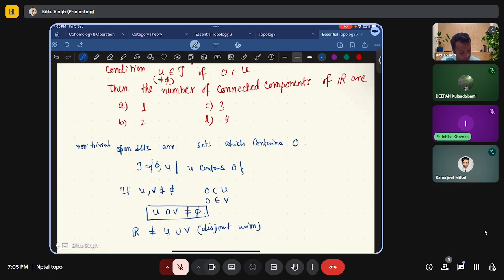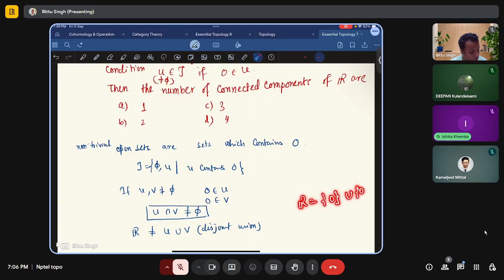This would be true if we did not have this condition. If this condition is excluded, R can be written as 0 union something.